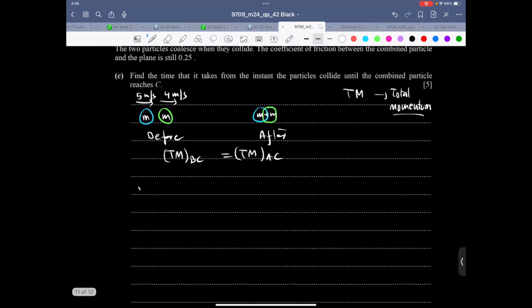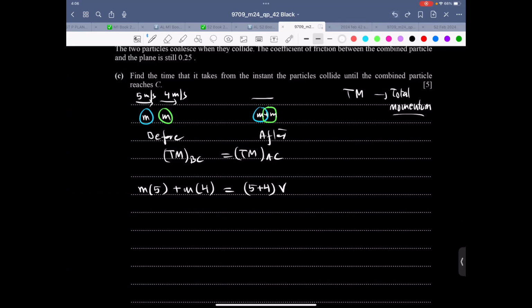So M into 5 plus M into 4 is equal to 5 plus 4 is 9 into the new speed, which is V. So this is 9M. Actually, this is 5M plus 4M.